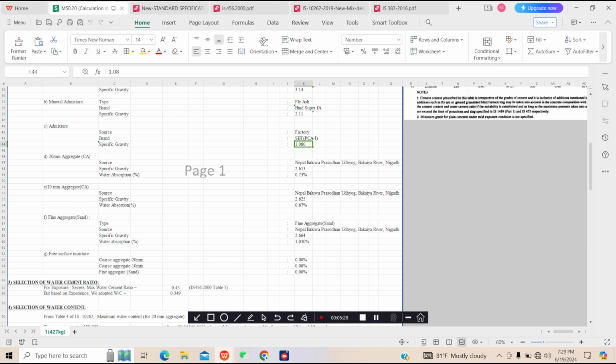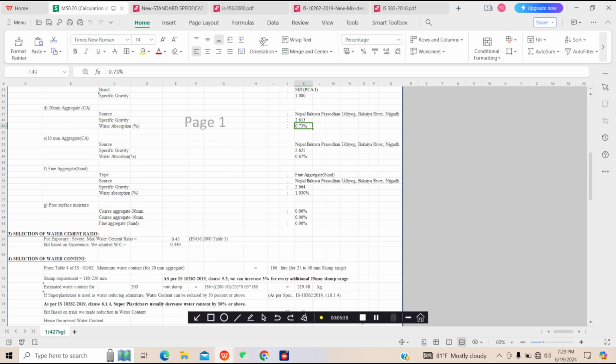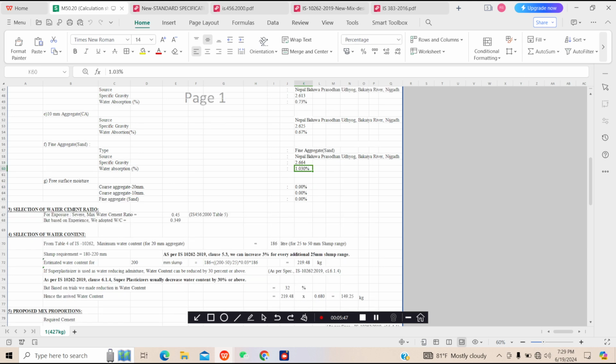And here are the 20 mm aggregate and 10 mm aggregate specific gravity values and the water absorption values, all of which we have calculated in the lab. Here we can see the sand, whose specific gravity is 2.664 and water absorption is 1.03. The mix design that we have done here is in the SSD condition, that is saturated surface dry condition.